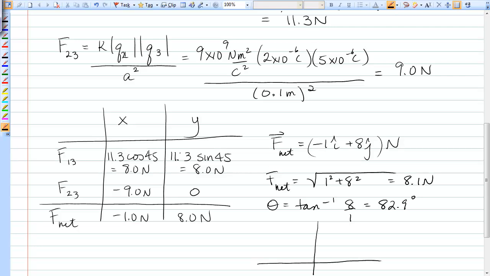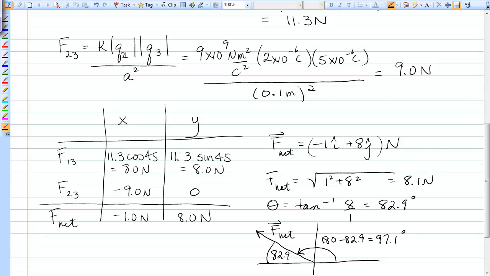It's in the second quadrant because it has a negative x component. And that angle I've just calculated is this angle with the negative x-axis. So to be really correct about writing that vector in terms of its magnitude and direction, you'd need to use this angle, 180 minus 82.9, which is equal to 97.1 degrees.